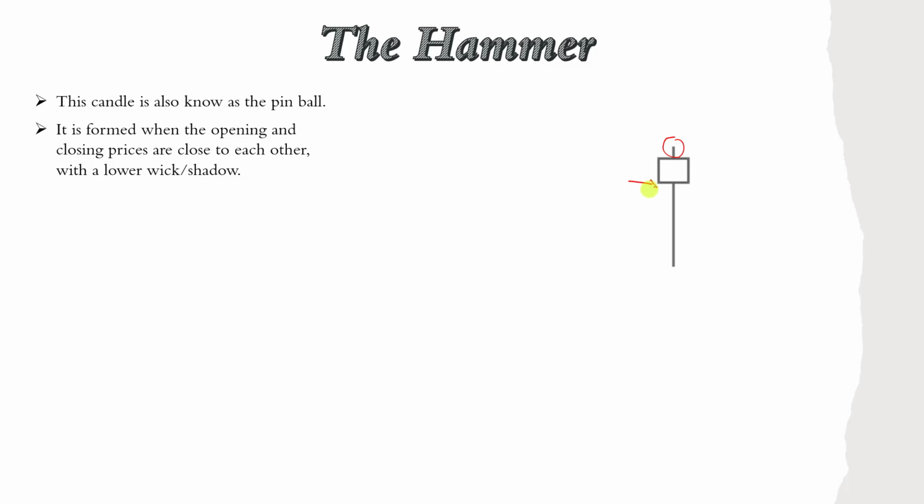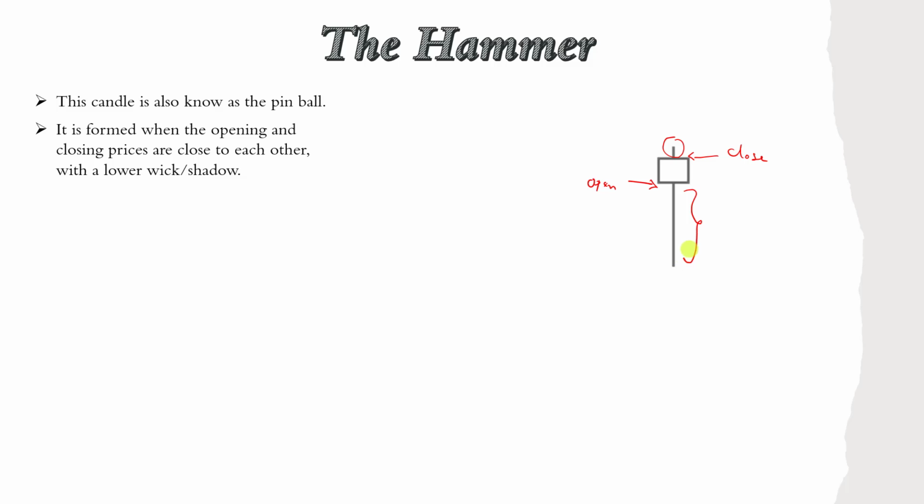This is our open and this is our close. They are very close to each other. That means the body of a hammer candle has to be relatively small, just like what we are seeing here, with a long wick or shadow. So this is the long wick.